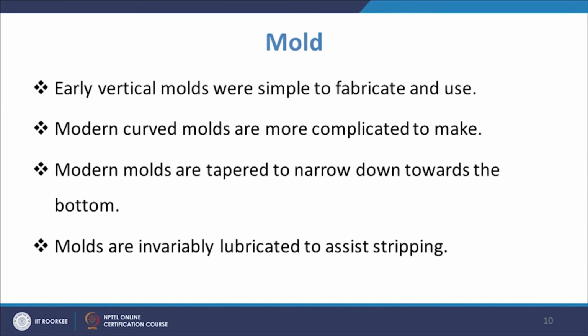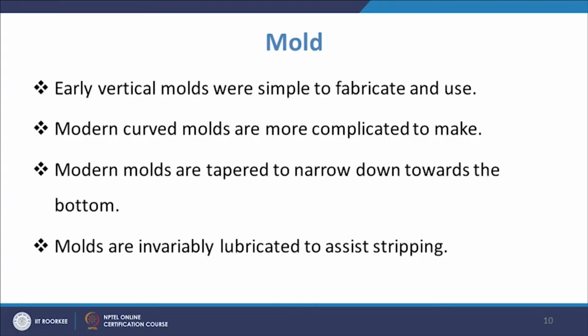Earlier we had vertical molds, then nowadays we get curved molds, which are complicated, and modern molds are tapered to narrow down towards the bottom. This is basically to account for shrinkage, because the metal which is solidifying has higher density.